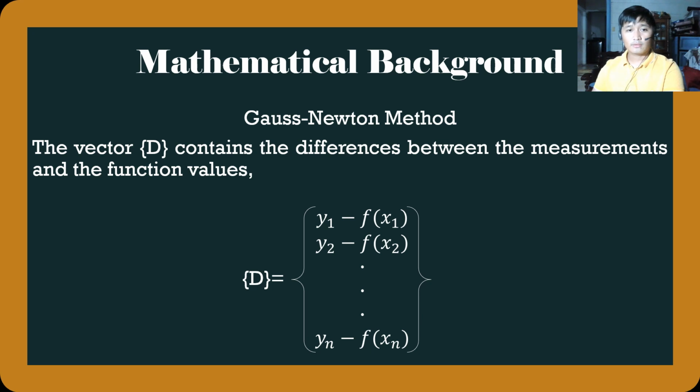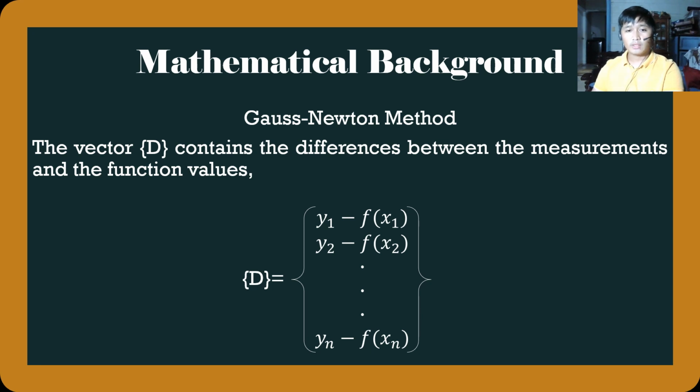The vector d contains the differences between the measurement and the function values. So these are the values for vector d. We have y sub 1 minus f of x sub 1, y sub 2 minus f of x sub 2.